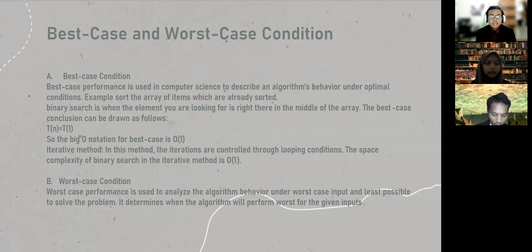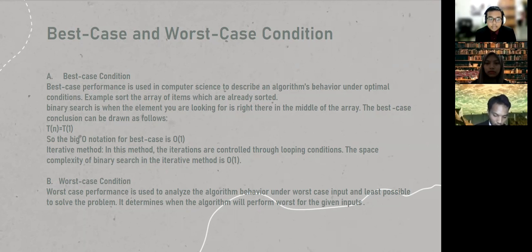The best case conclusion can be drawn as follows: T(n) equals T(1). And we can find that the big O notation for the best case is O(1). The best case can be found in the iterative method. In this method, the iterations are controlled by a looping condition. The space complexity of binary search in the iterative method is O(1).